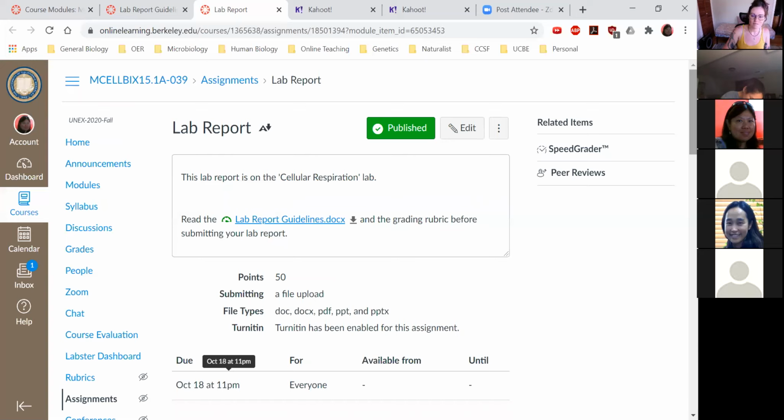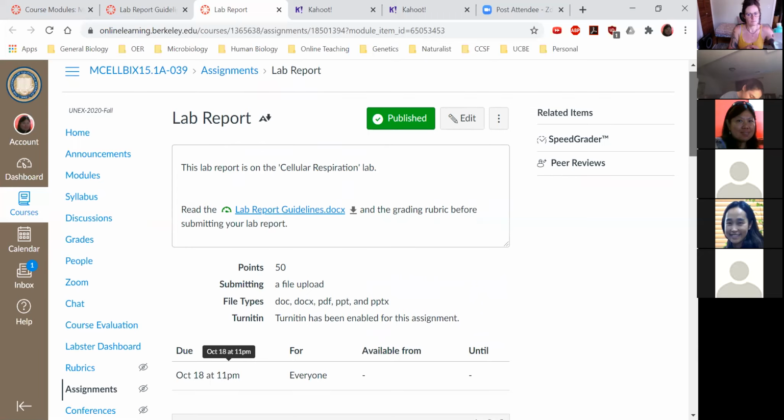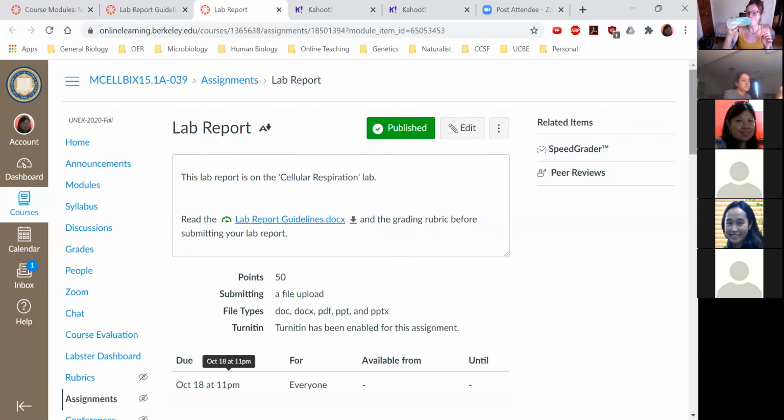Go ahead. So I'm trying to understand. We're doing the lab report next week, so do we just do the simulation and find articles about the topic? Yeah, and then write the literature review basically. And how are we doing the methods and results? Whatever you're doing in the simulation, that's your experiment, right?